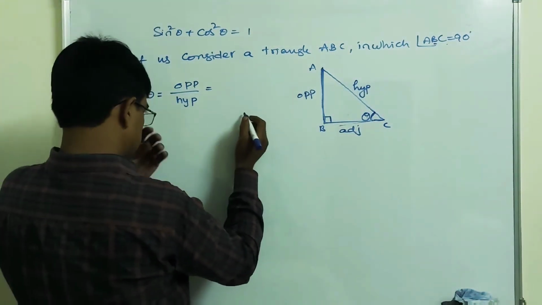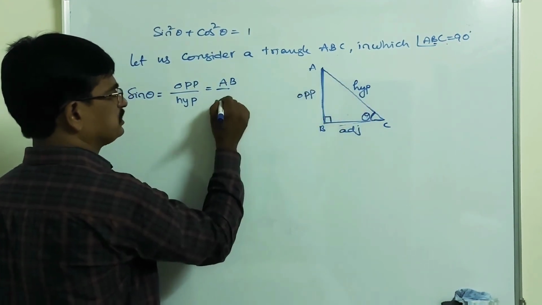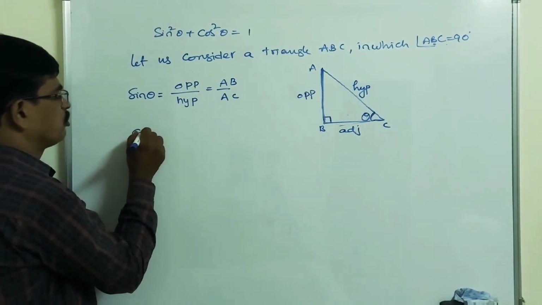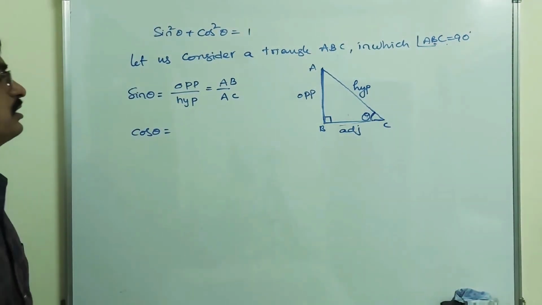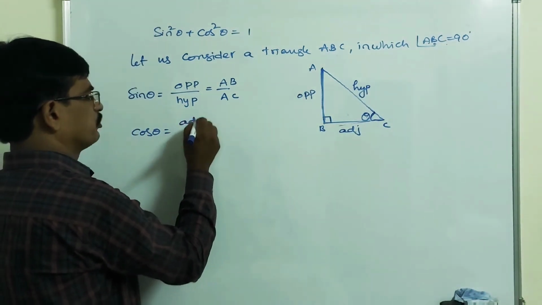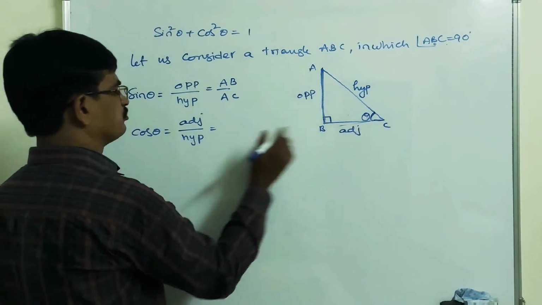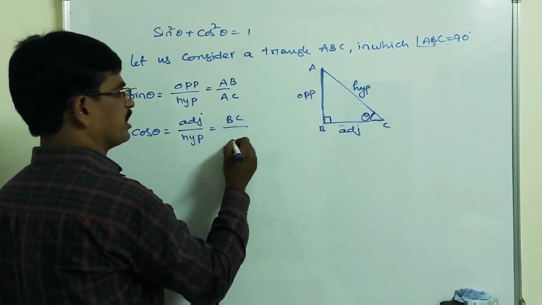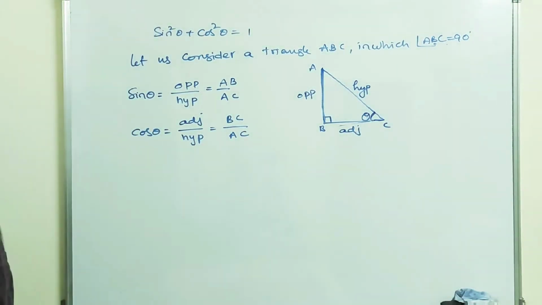So the opposite side AB by hypotenuse AC. Then write cos theta also. You know very well it is the ratio between the adjacent side and the hypotenuse. The adjacent side is BC, by hypotenuse AC.